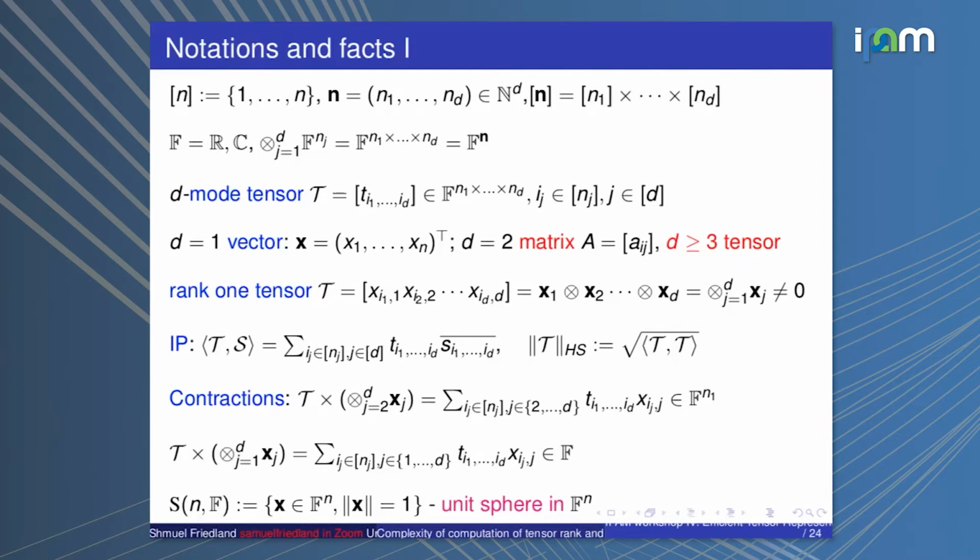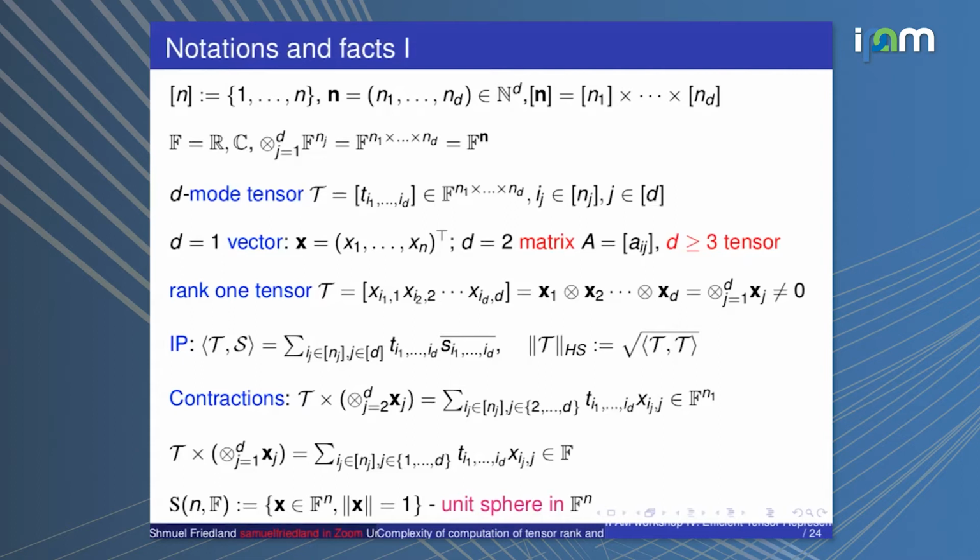For most of the time, F is the complex field C or R, and the tensor product of d vector spaces is denoted tensor over j of F^nj. The d-mode tensor T, or script T, has coordinates T i1 up to id, where each ij is in [nj], and we have d modes. So d equals 1 is a vector, which I usually treat as a column vector, d equals 2 is a matrix, and d greater or equal to 3 is a tensor.